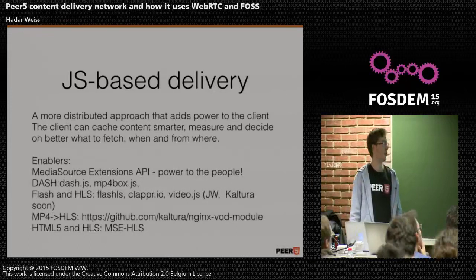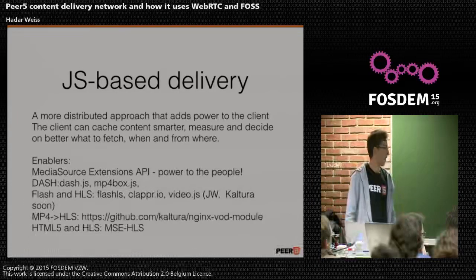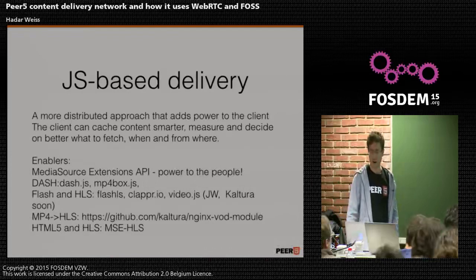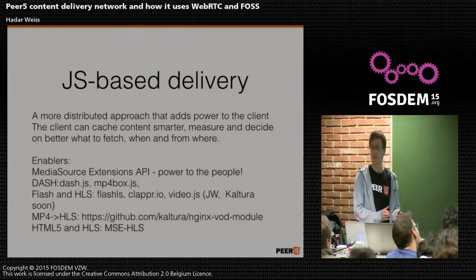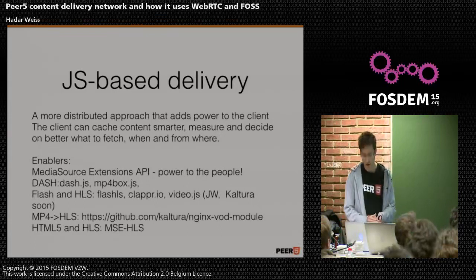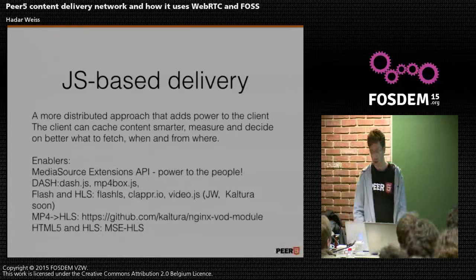There are a few enablers to make this happen. Media Source Extensions, obviously. DASH with dash.js, and I was happy to hear the guys from all the players that are actually implementing it, and it's very important for them. MP4Box from GPAC also helps a lot because you can take a progressive MP4 and on the fly change it to something that Media Source Extensions can actually play.